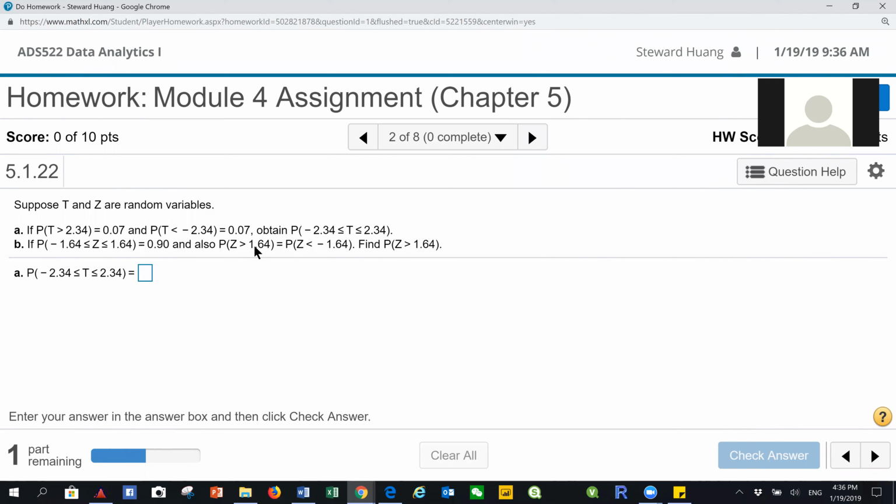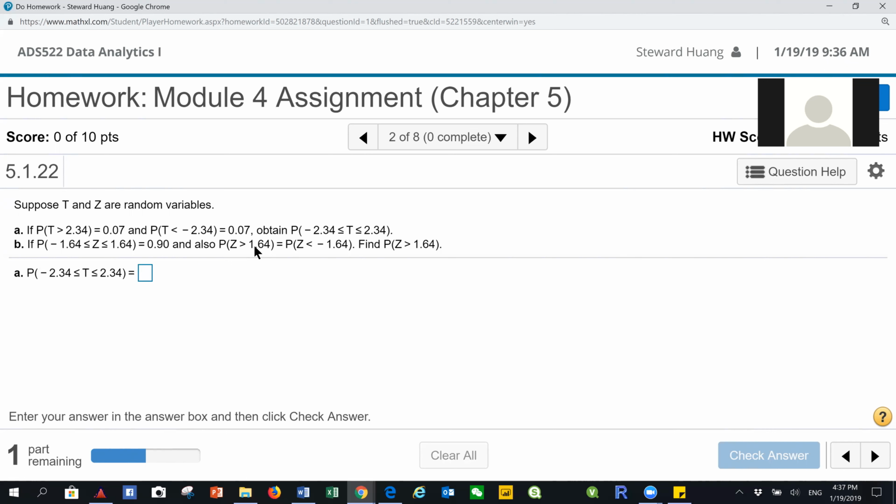Then you also have Z between negative 1.64 and 1.64. Now that you know the area in the middle, which is 0.9, what are the two tails?